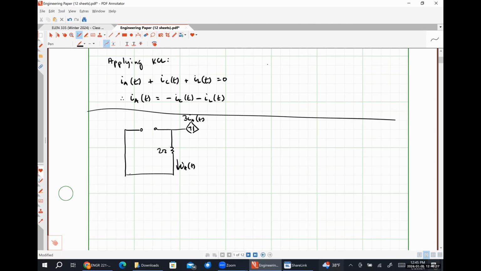Here's IA of T. Here's our 7 ohm resistor. $25 millifarad capacitor. .444 Henry inductance. Because we're finding the equivalent resistance with respect to these energy storage elements, we take the energy storage elements out of the circuit. So I'm going to replace them with effectively open circuits.